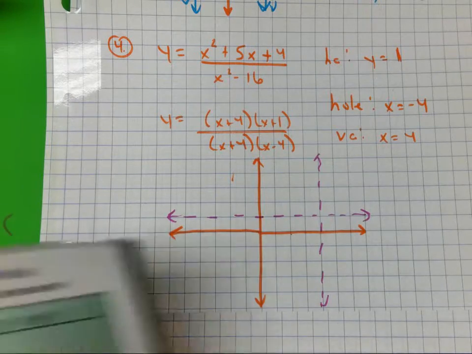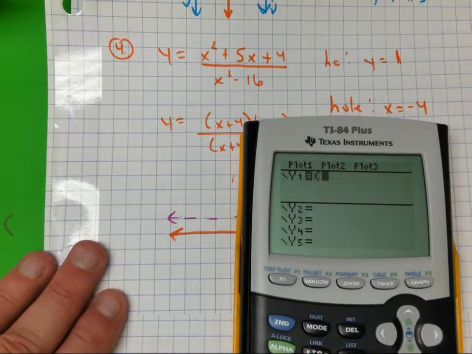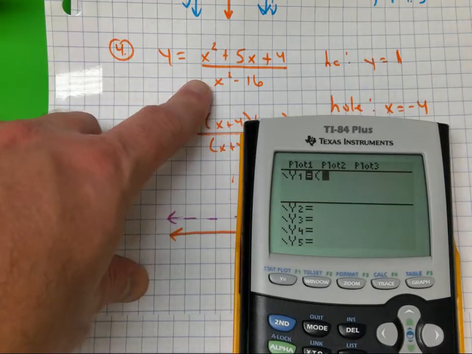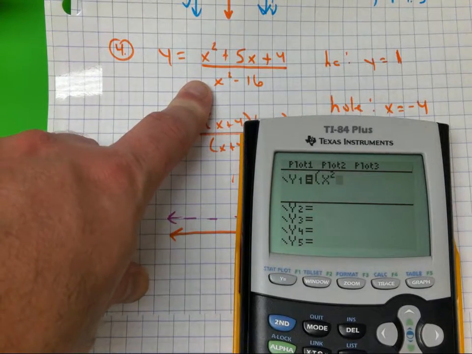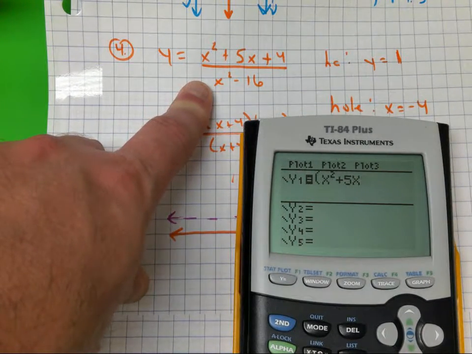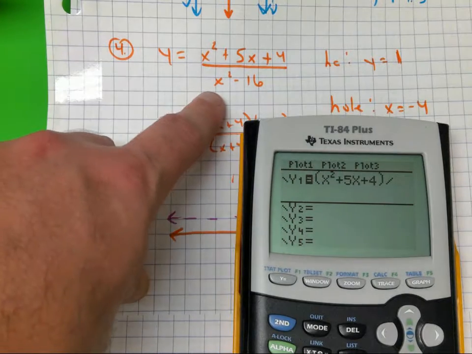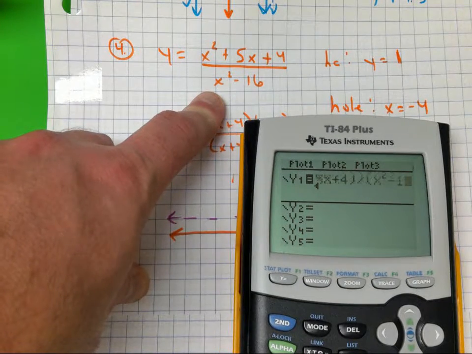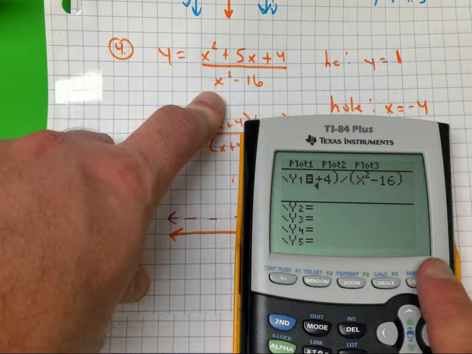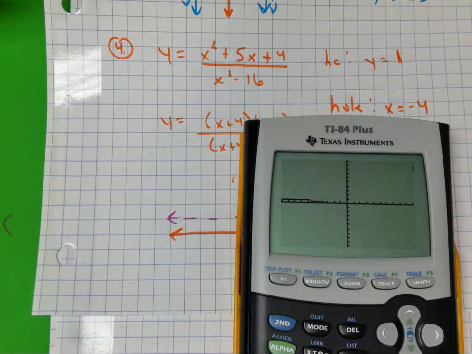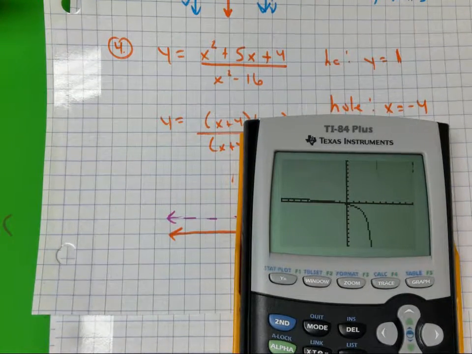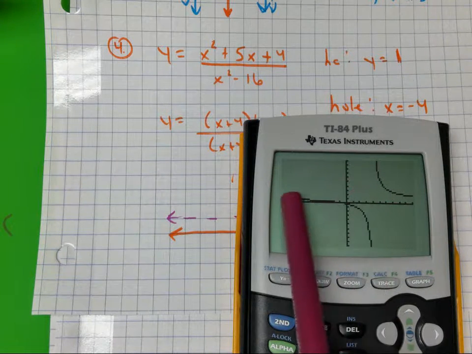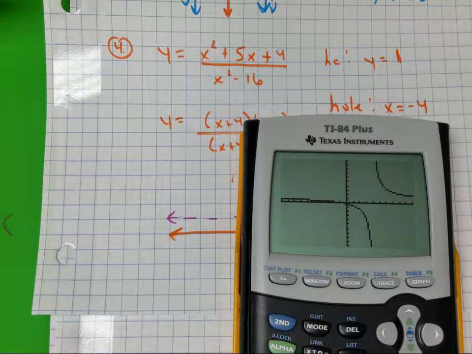Does it cross that horizontal asymptote? So I'm going to graph the original, x squared plus 5x plus 4 divided by x squared minus 16. I'm going to hit graph. If you look at this, it does not cross that horizontal asymptote, so I know that my graph is not going to cross that horizontal asymptote.